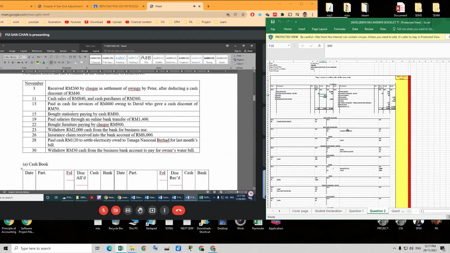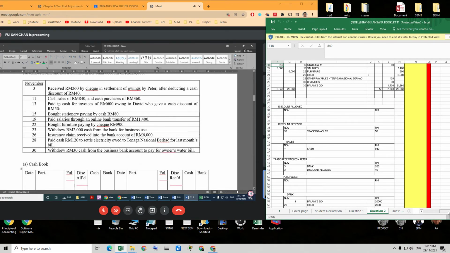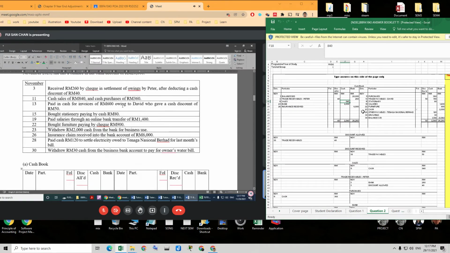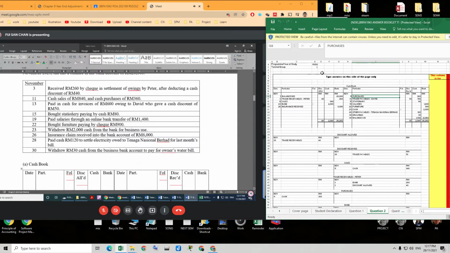Then we come to this one. Paid in cash for invoices of 600 owing to David, who gave a cash discount of 50. In total is 600, but David gave us 50 discount.